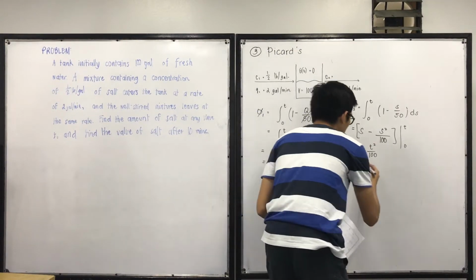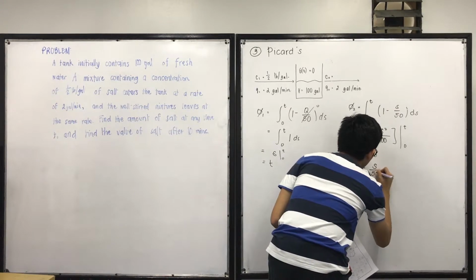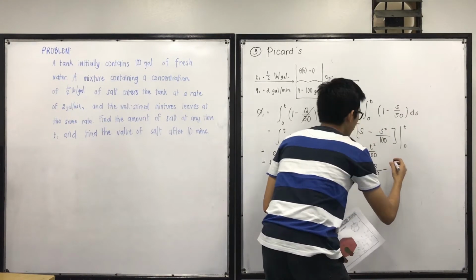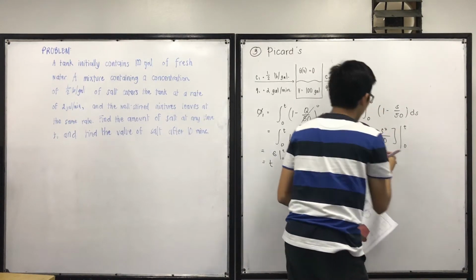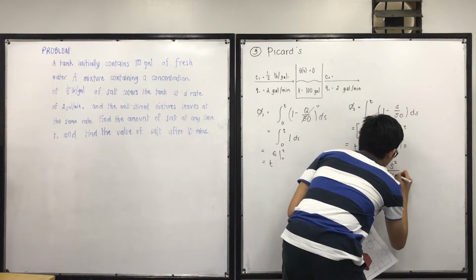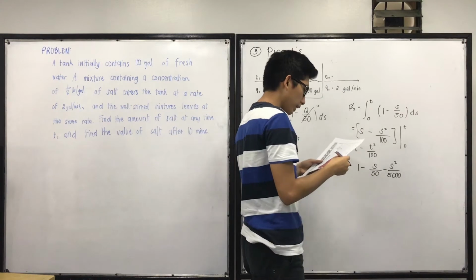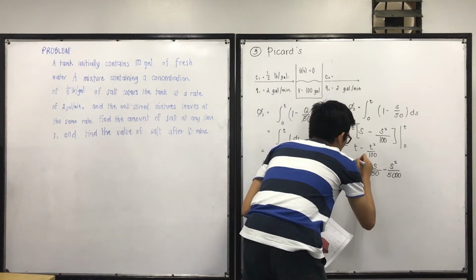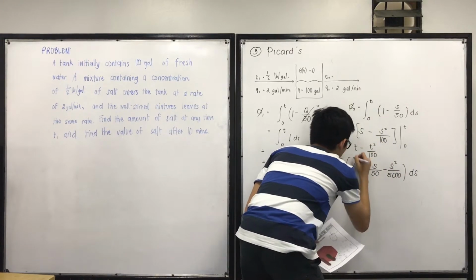q. So we will have s over 50 minus s squared over 100 times 50, which is 5,000. And then we are going to evaluate this from 0 to t.